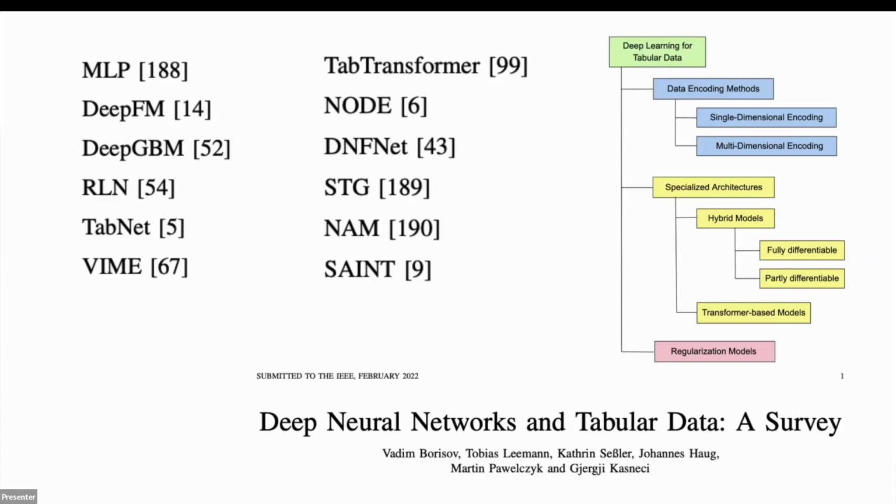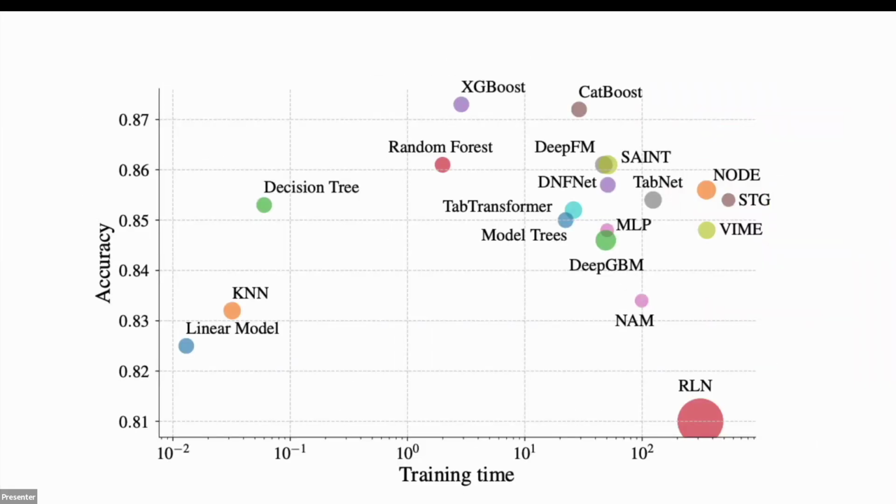There is a great paper from 2022 comparing the performance of these algorithms versus more traditional machine learning algorithms on many data sets. The conclusion was that gradient boosting machines, you can see XGBoost and CatBoost, are still at the top. They are easily beating all these other deep learning approaches with transformers and different other architectures. So still, gradient boosting machines appear to be the best for tabular data.